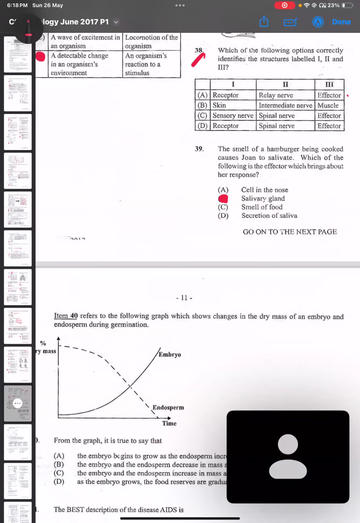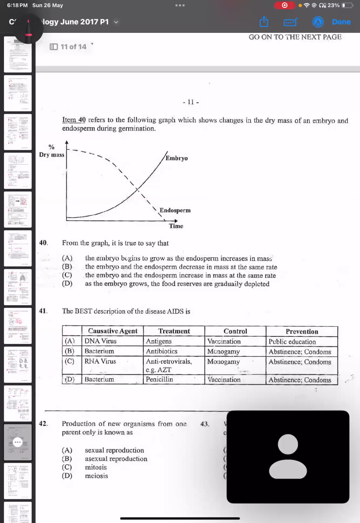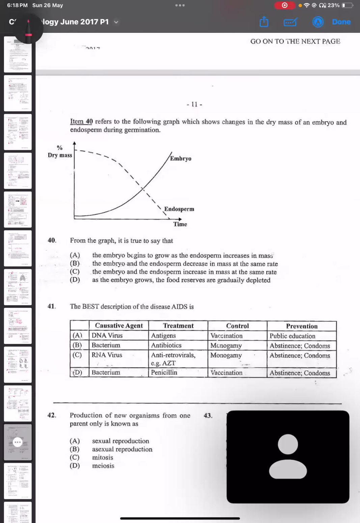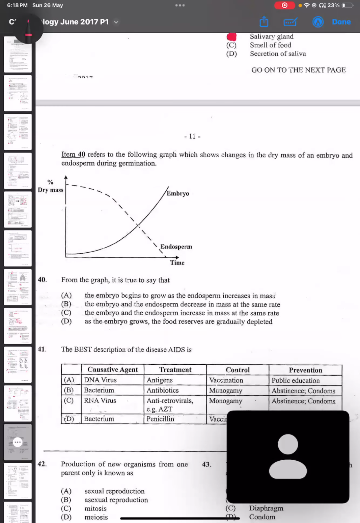And then question 40 is asking about germination. It shows the change in dry mass of an embryo and the endosperm during germination.